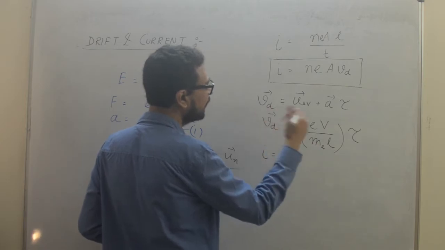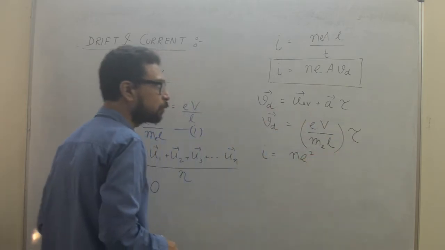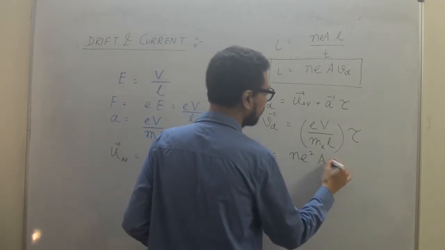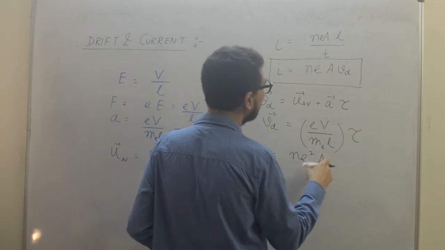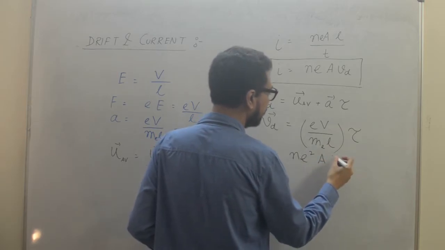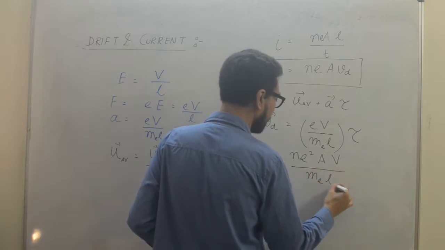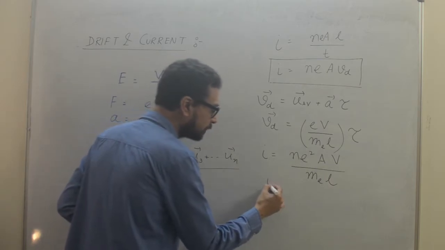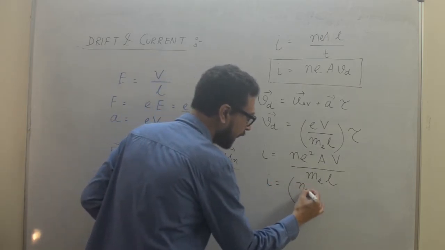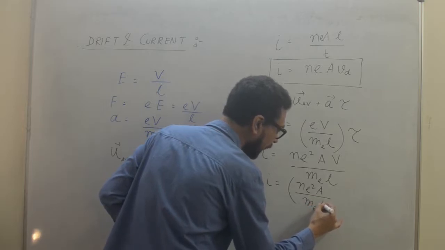Current is n e A v_d, so n e, that is e square, A, then v_d, so capital V by m_e into L. You see, we have an expression here.